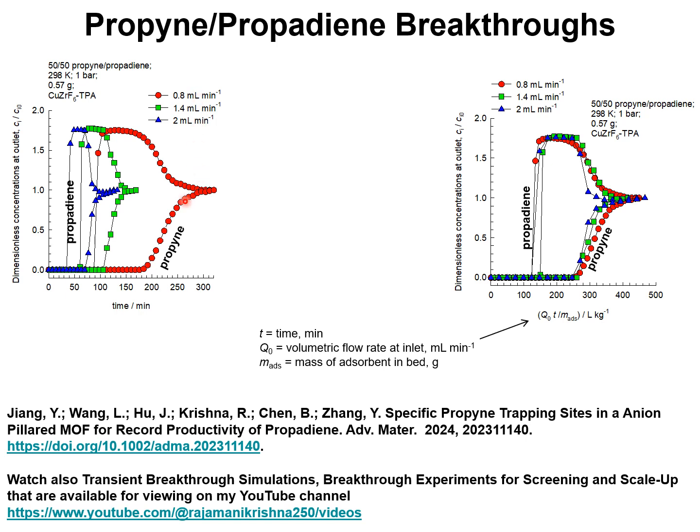In each case, the mass of adsorbent in the bed is 0.57 grams. The dimensionless concentrations of the gas components at the exit to the fixed bed laboratory tube are plotted against the time expressed in minutes.